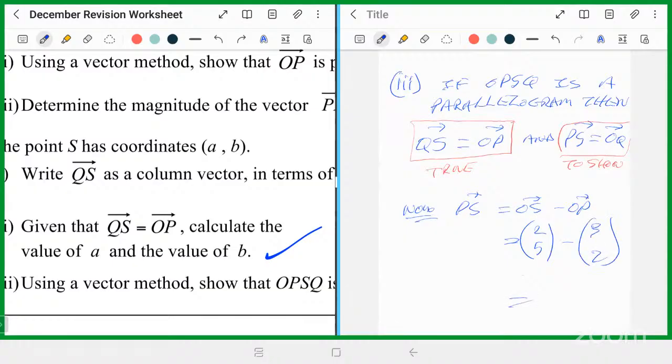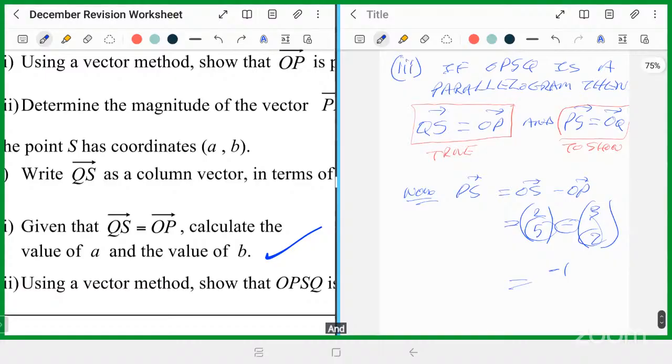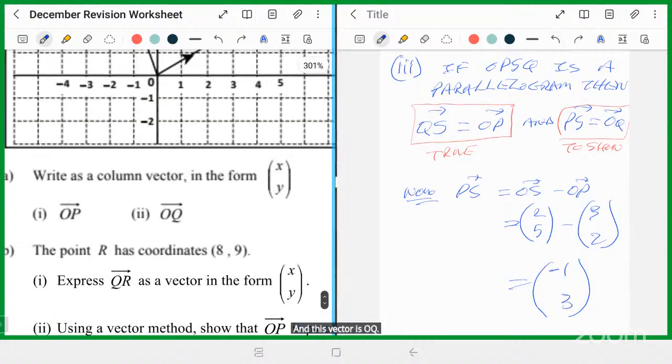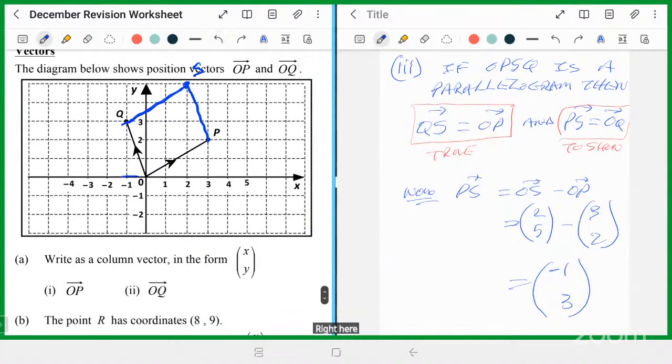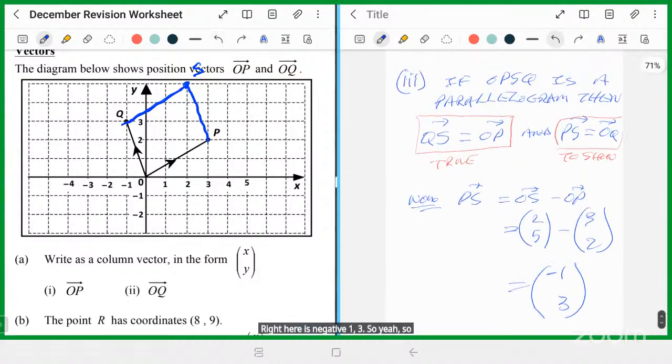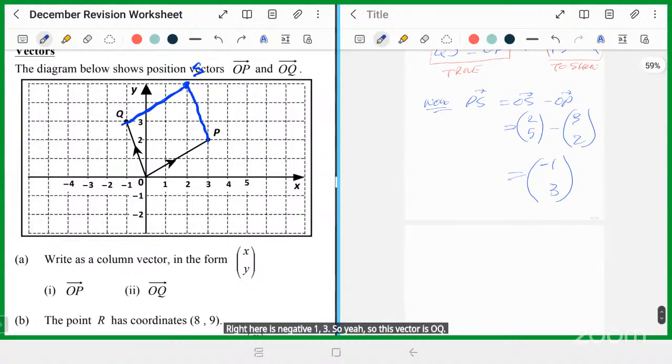You work this out, you're going to get 2 minus 3, negative 1, and 5 minus 2 is 3. And this vector is OQ, right? Remember, OQ right here is negative 1, 3. That's what we had. So this vector is equal to the vector OQ. Therefore shown.